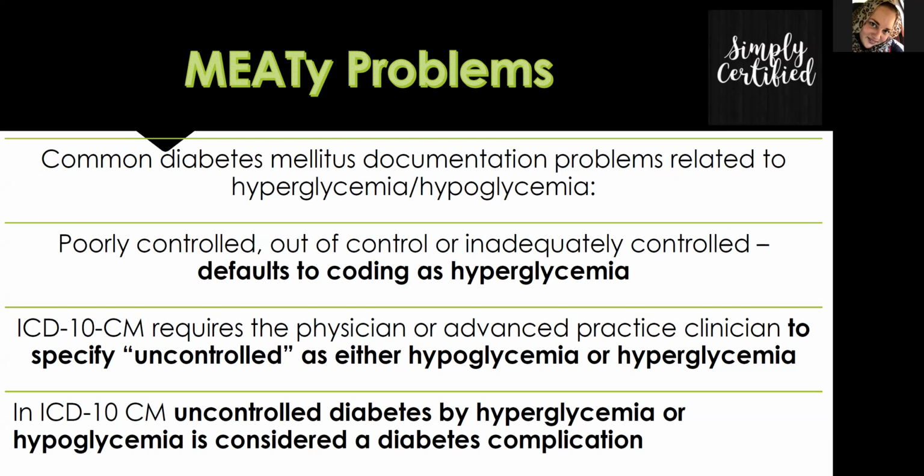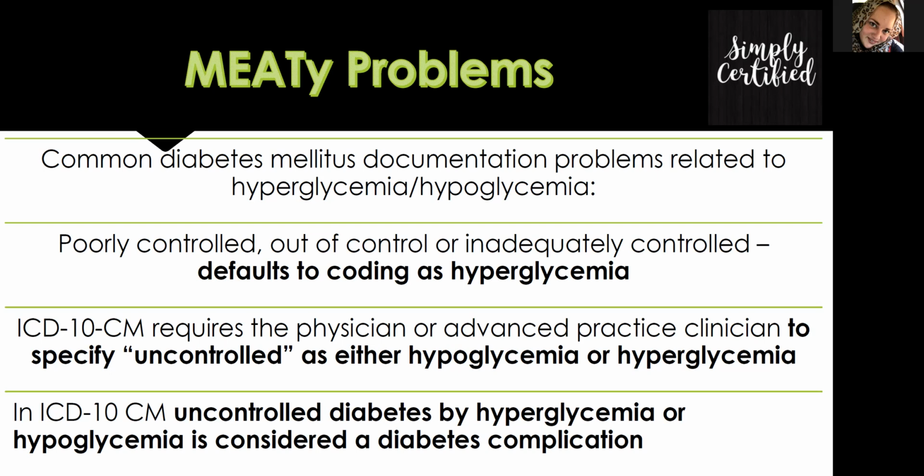All of that verbiage means high blood sugar as far as coding is concerned. So if the provider means something else besides high blood sugar when they say poorly controlled, out of control, inadequately controlled, or uncontrolled, they need to be more specific.